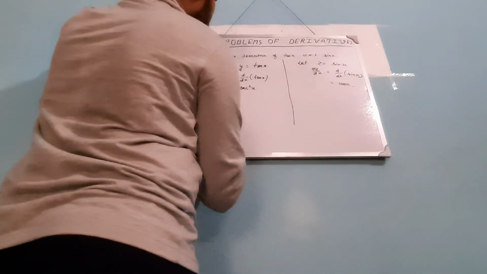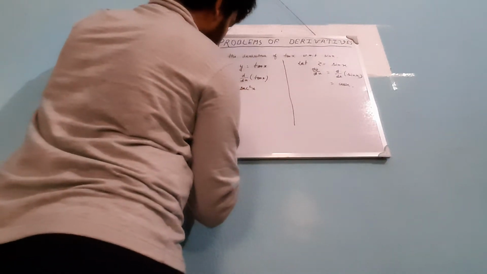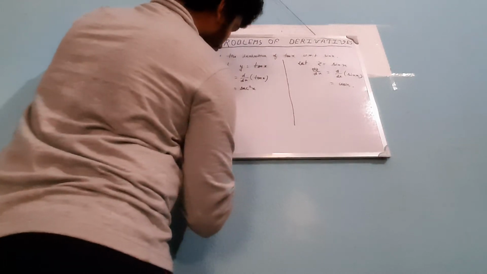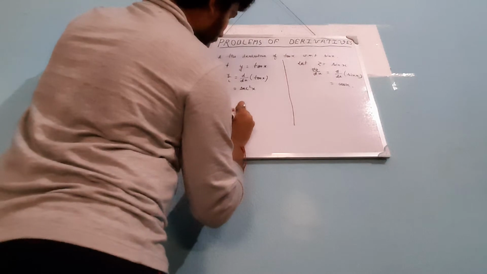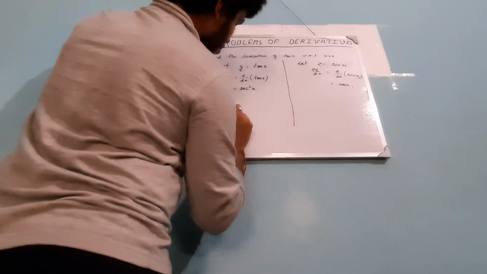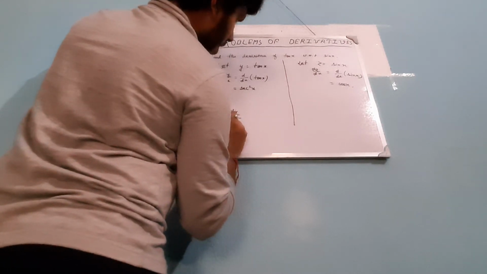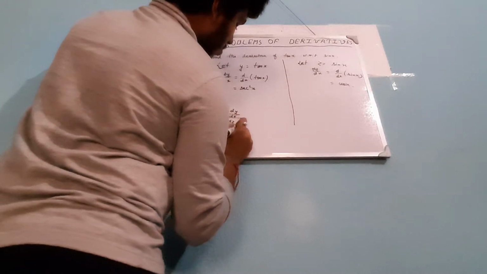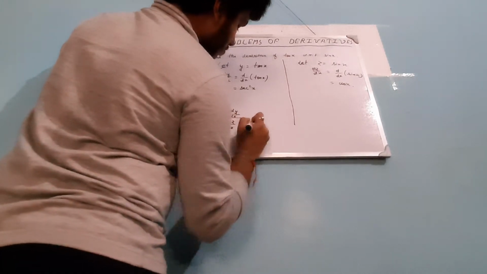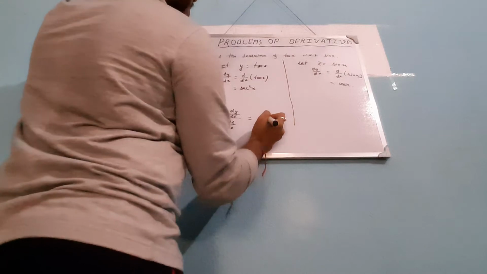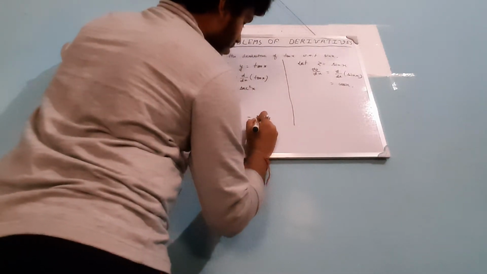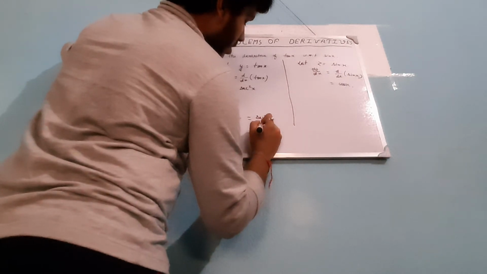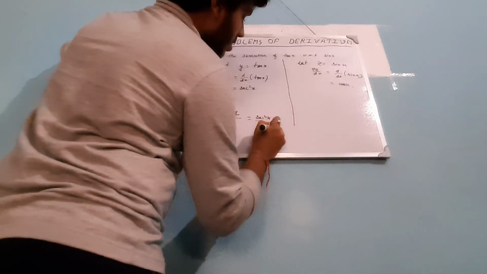So then the derivative dy by dz: you first write dy by dx by dz by dx, and again I am telling you the formula. dy by dx is sec square x by dz by dx, which is cos x.